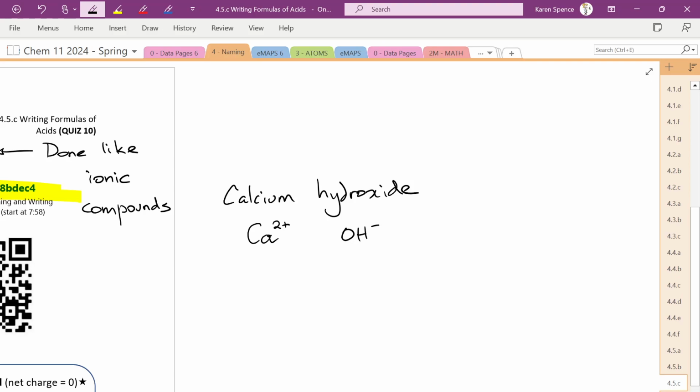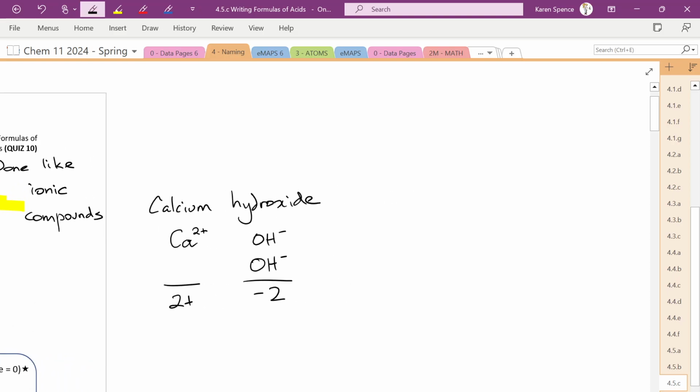So remember, there's two ways to write the formula. You can either write out more ions until you have the same overall positive charge and negative charge. Or if you prefer, you can crisscross.